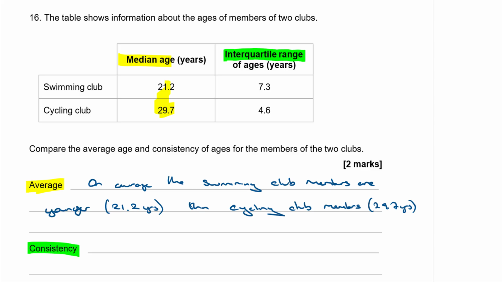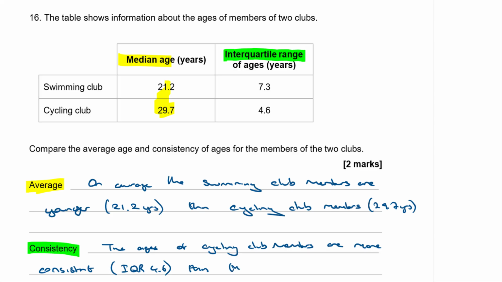And from that we can say that the cycling club is more consistent in age than the swimming club. So again, I'm going to put that in context. I'm going to mention the values. So the ages of cycling club members are more consistent than, and I'm just going to put in brackets IQR 4.6, the swimming club, and I'm just going to put in brackets IQR 7.3.